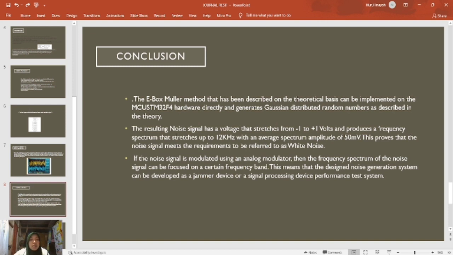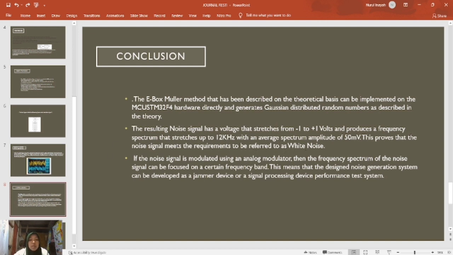True, the resulting noise signal has a voltage that stretches from negative A to A volt, and produces a frequency spectrum that stretches up to 12 Hz with an average spectrum amplitude of 50. This proves that the noise signal meets the requirements to be referred to as white noise.